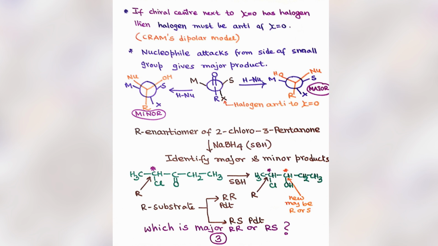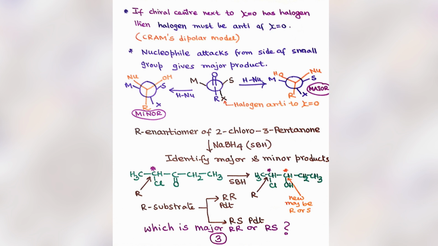Now let us solve one question: the R enantiomer of 2-chloro-3-pentanone, if it is subjected to sodium borohydride reduction, then we have to identify the major and the minor products. Before going to the stereochemical discussion of 1-2 asymmetric induction, let us first discuss the simple chemical reaction which will happen on 2-chloro-3-pentanone.